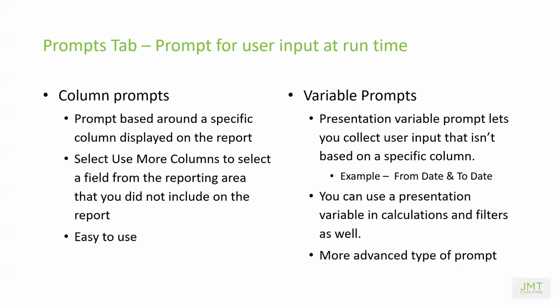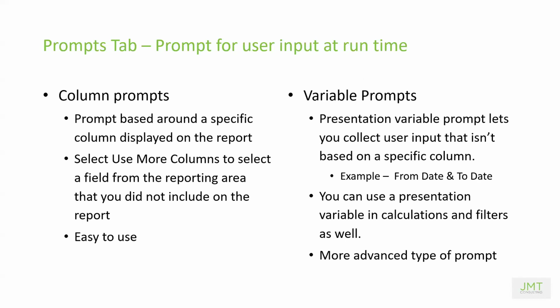There's also a feature called Use More Columns that you can select a field from the reporting area you've chosen that you may not have necessarily made a column within your report. So you're not restricted just to the columns you've included, but also other columns and pieces of information that you elected not to pull into your report can still drive what gets filtered out of that report at runtime.